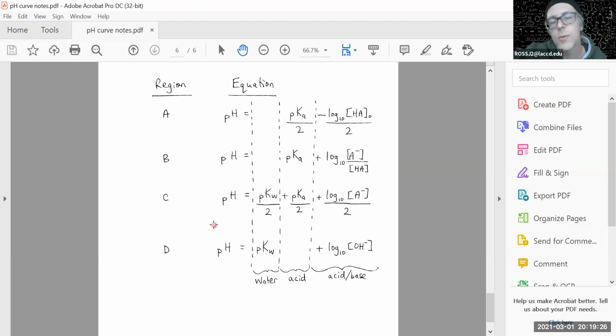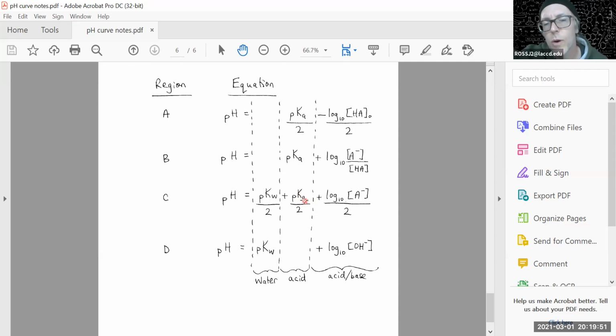Then at region C, we have the equivalence point. Now, again, acid, base, salt, water, it makes sense now that we see the appearance of a water term. Again, the factor of 2 is irrelevant. We see a water term for the first time. Does it make sense that we see acid and base? Yeah, I think it's reasonable.